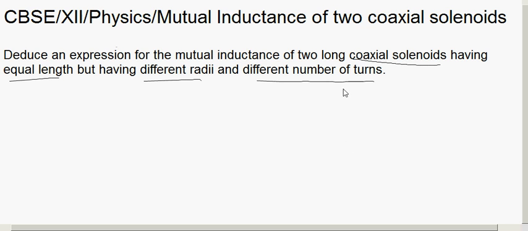So first let us say we have two solenoids with common axis. So let me draw that. One is of radius r1 and the other one is of radius r2.